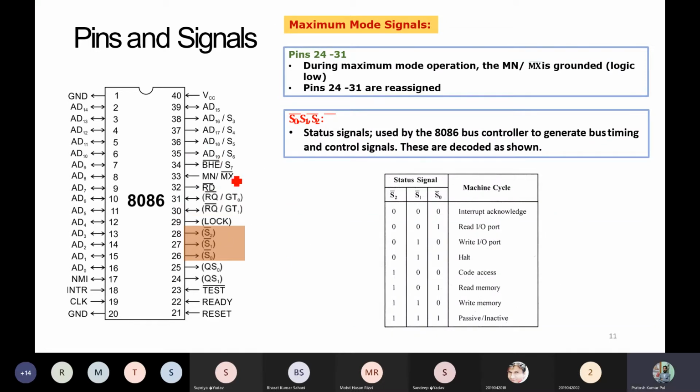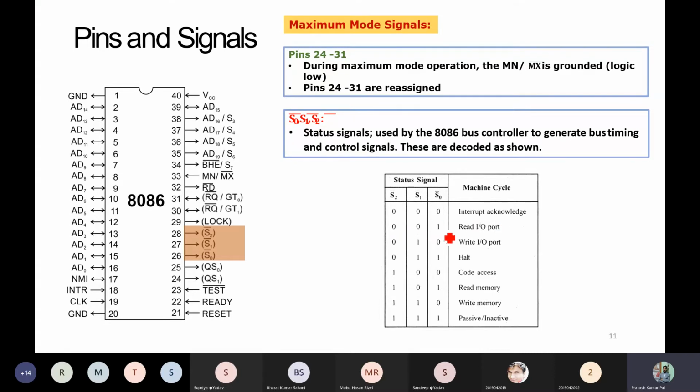Next one is the status bits S0, S1 and S2. With different control signals, they indicate different operations. If 000, the interrupt acknowledgement is provided by the microprocessor.